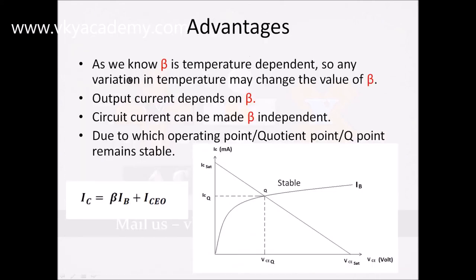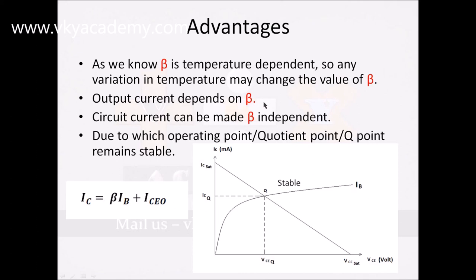Now from the previous equation we have seen that IC current is independent of beta, and as we know beta is temperature dependent, so any variation in temperature may change the value of beta, definitely, as we have seen in fixed bias configuration.